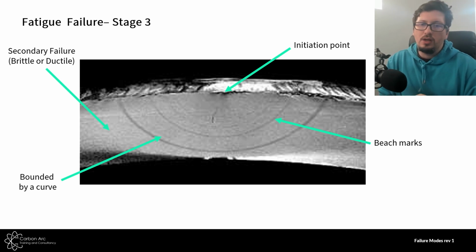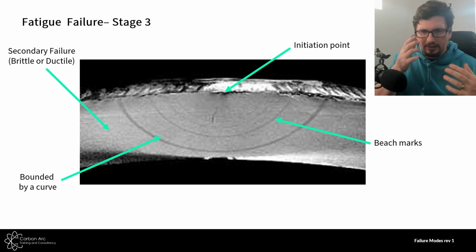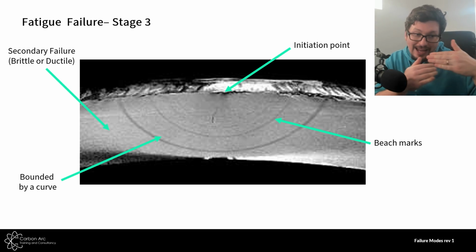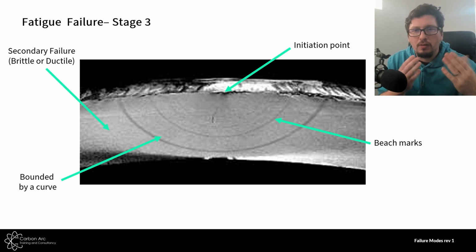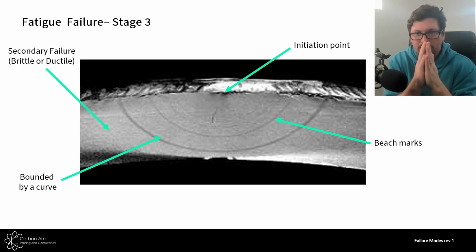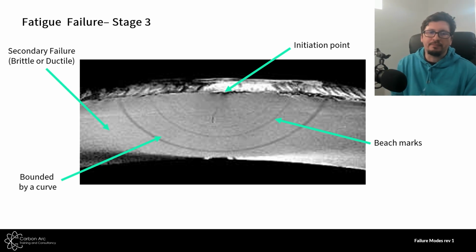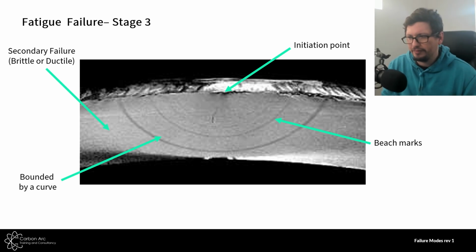Okay, but you can see already the key words that snap out when we talk about failure faces here: beach marks, bounded by a curve, smooth, because where we're inside of the curve is smooth as glass, really, because it's the fracture face of the crack. Okay, really easy to identify.